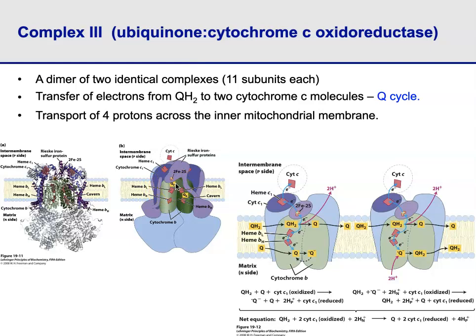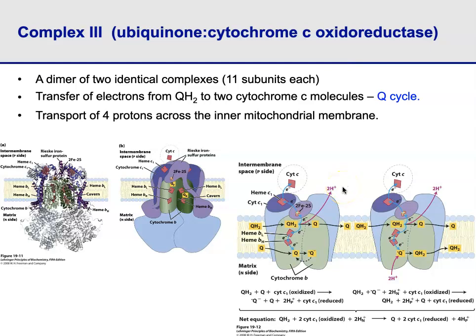Then once bound, it will donate, and this is the interesting part, 1 electron to a Rieske iron-sulfur protein, which will then donate that electron to cytochrome C1, and then from there to cytochrome C. The other electron from ubiquinol will be donated to heme bL, then heme bH, and then from there to a molecule of ubiquinone, converting it to semiquinone. The 2 protons carried by ubiquinol are released in the intermembrane space.